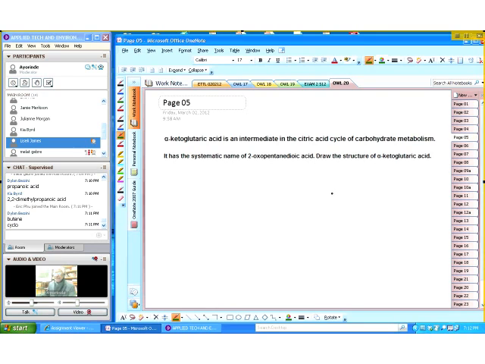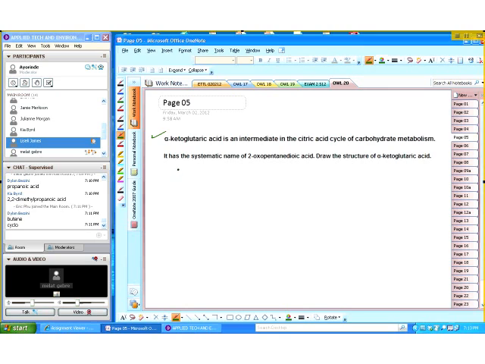Go to here. Okay, Melat, if you are back, can you read it for us? Okay. Can you hear me? Yes, go ahead. Alpha ketoglutaric acid is an intermediate in the citric acid cycle of carbohydrate metabolism.